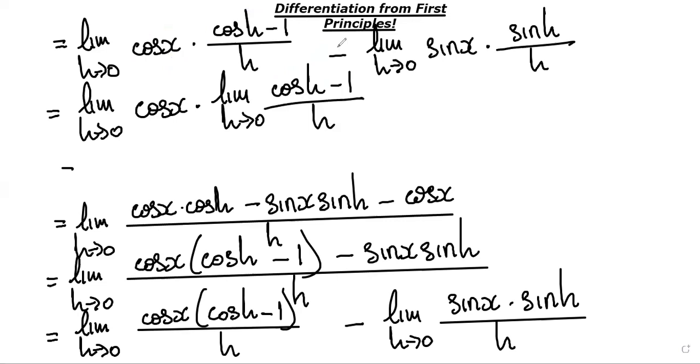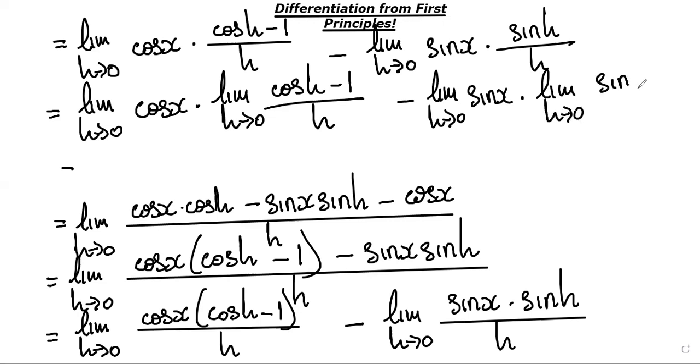And of course, I do the same on the second part. So I say it's the limit of sine x times the limit of sine h divided by h there.